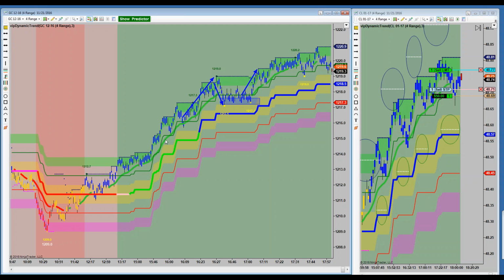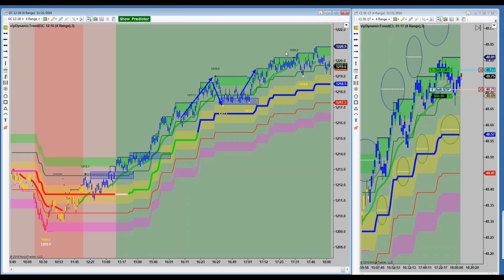Everybody see that? Even if you're long from lower levels and you add another 1 or 2, it's going to take your blended average and only move it up maybe to here. You're already long from lower levels, adding on pullbacks, and scalping the additional contracts as it goes up.